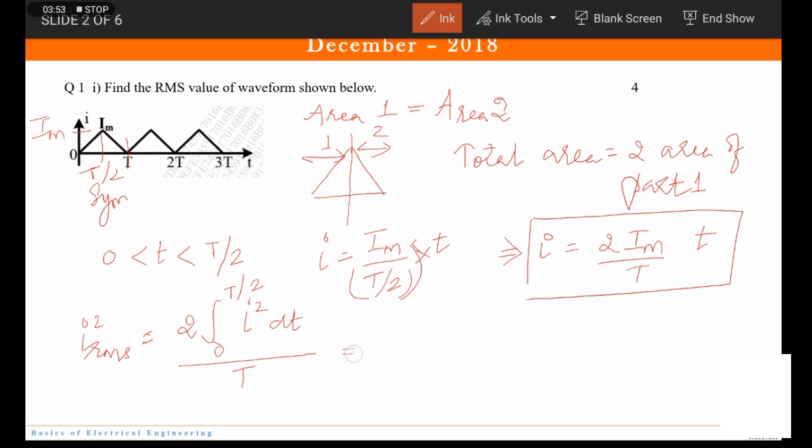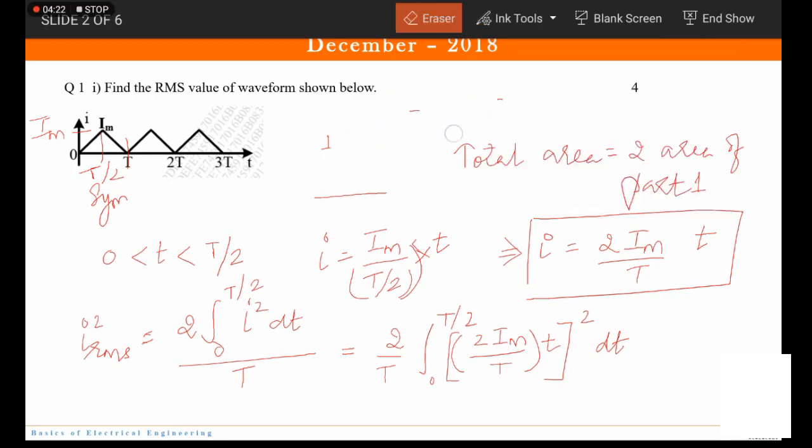So I will put in the value here. It is 2 by T, integration from 0 to T by 2, and then I put the value, which is 2Im upon T, multiplied by t, and this whole square dt. Yes. So now we will write the next equation.